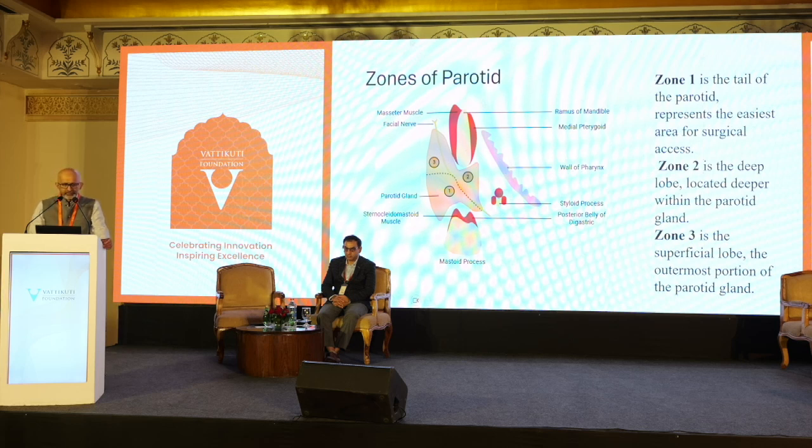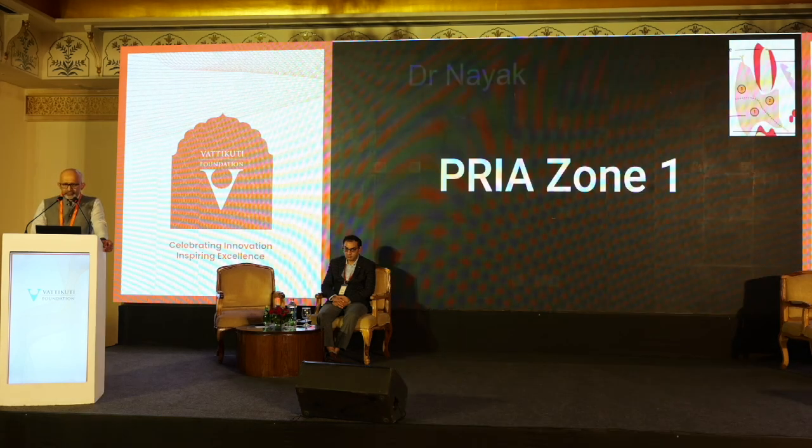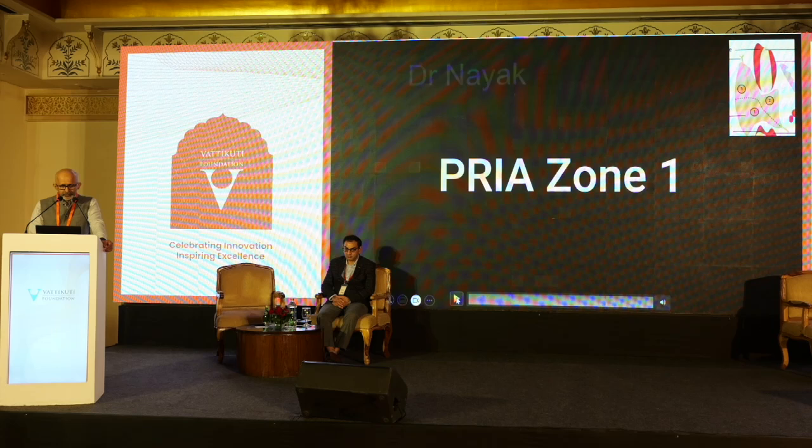One is the tail, three is the superficial part above zone one, and two is the deep zone. This is how we classify. And in the process of this ideal platform, we are somewhere in 2A or B. So, I'll just show some short videos to make you understand why it is like this.